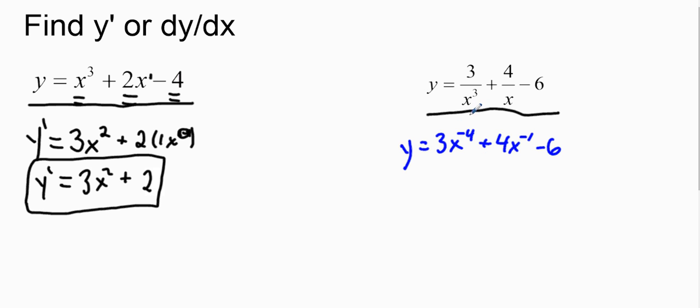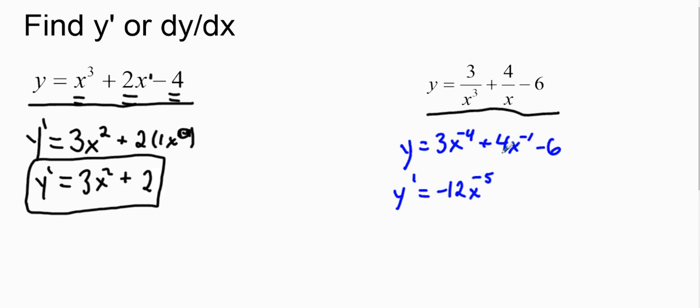We took these two rational functions and made them into power functions. Once we do that, we can use the power rule and take 3 as our multiplier. We take negative 4, put it in front, so 3 times negative 4 gives us negative 12. We then subtract 1 from negative 4, which gives us negative 5.